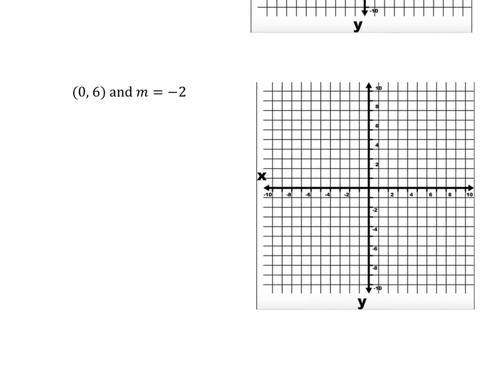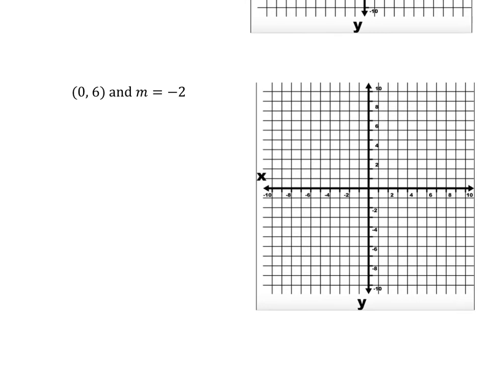All right, let's look at one more example here. Here we have the point (0, 6), and this is x1 and y1. So we can write our equation. We have y minus 6, y1, which is 6, equals m, which is negative 2, times x minus x1, which is 0.